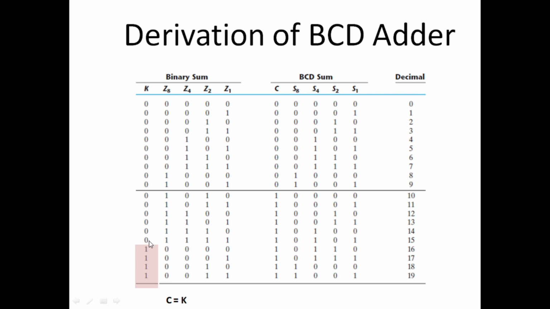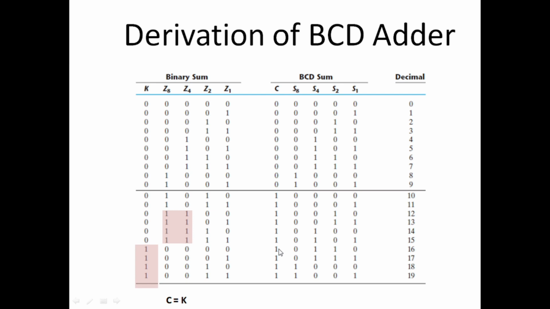And for the other output combinations, we can say that when Z8, the output bit Z8, is 1 and Z4 is 1, this combination does not happen above the line. So it is correct to say that when Z8 is 1 and Z4 is 1, the correction should also be added.